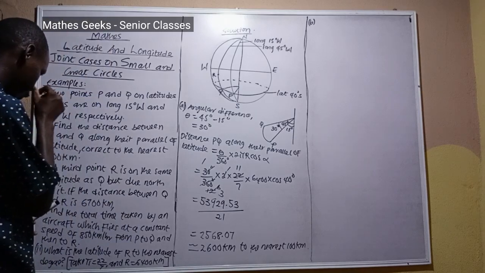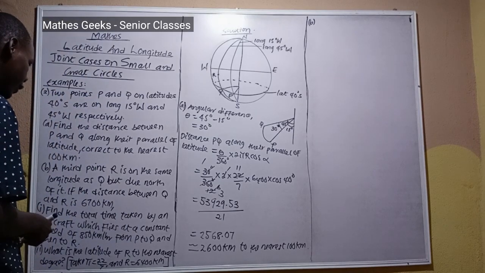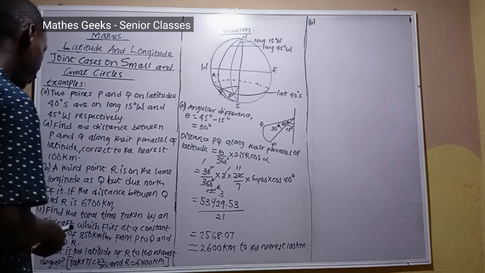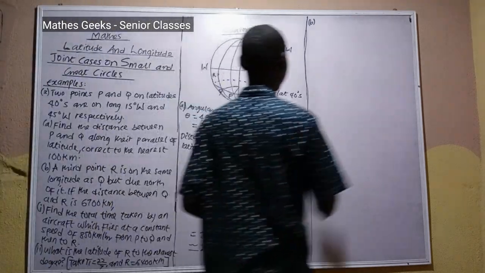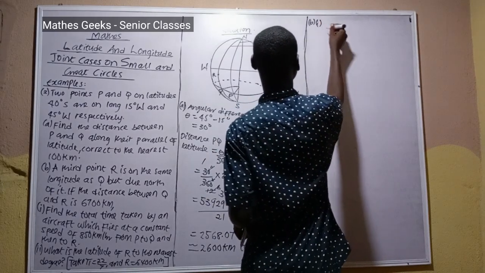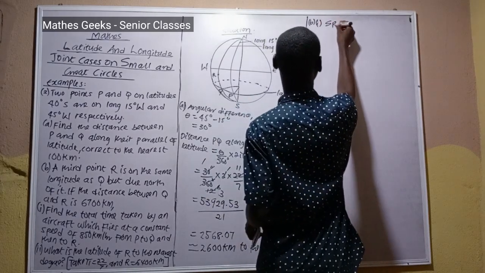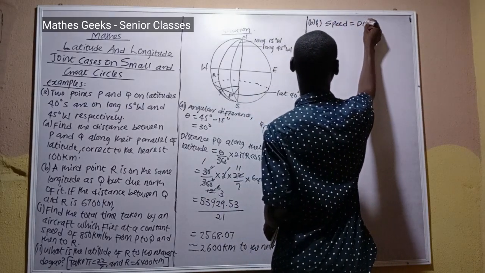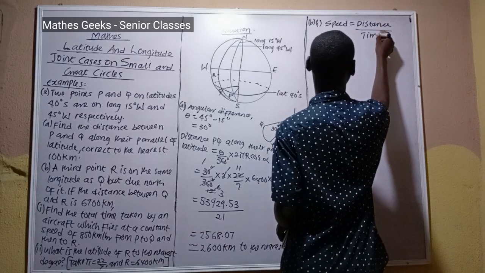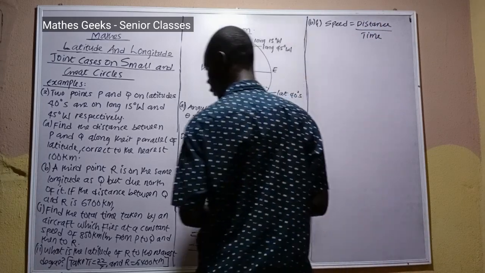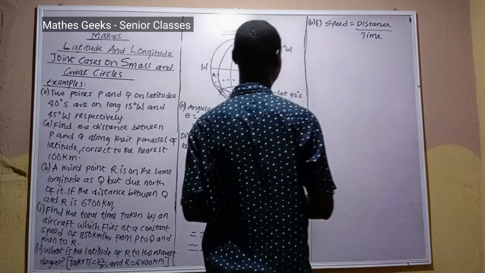Now find the total time taken by an aircraft which flies at a constant speed of 850 kilometers per hour from P to Q and then to R. So B1, Roman figure 1, speed is equal to distance over time. We are going to look for the time.